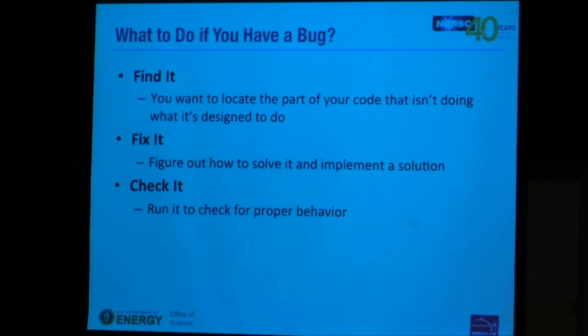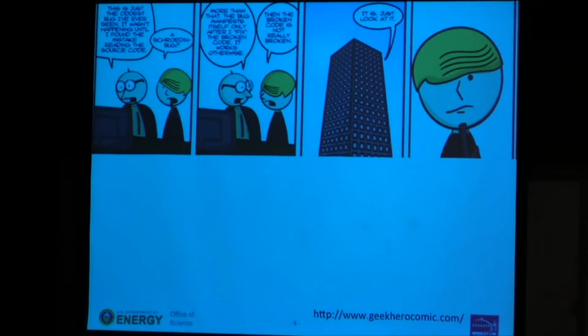So if you have a bug, what do you want to do? You want to find it, then you want to fix it, and then you want to check it, right? So it sounds very simple. But I ran across this, and anybody that has ever tried to debug a program can identify with it. So what does it say? It says, this is just the oddest bug I've ever seen. It wasn't happening until I found the mistake reading the source code. A Schrodinbug, he says.